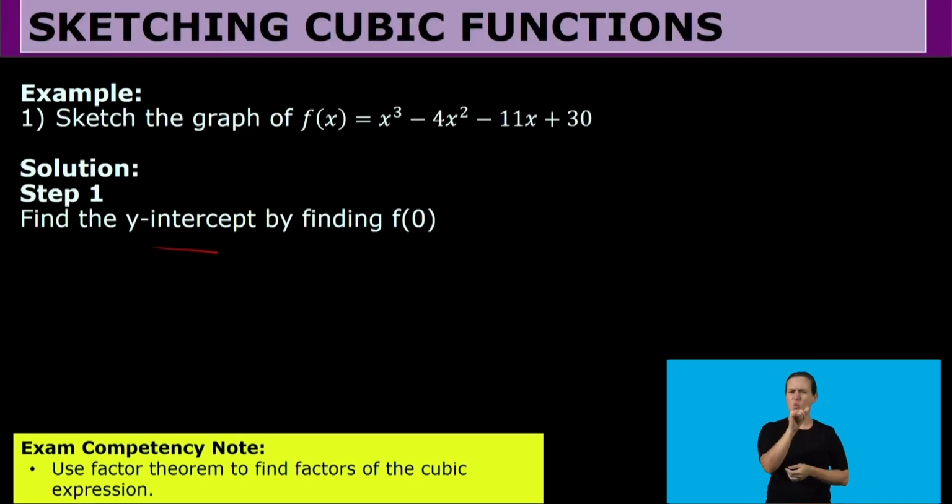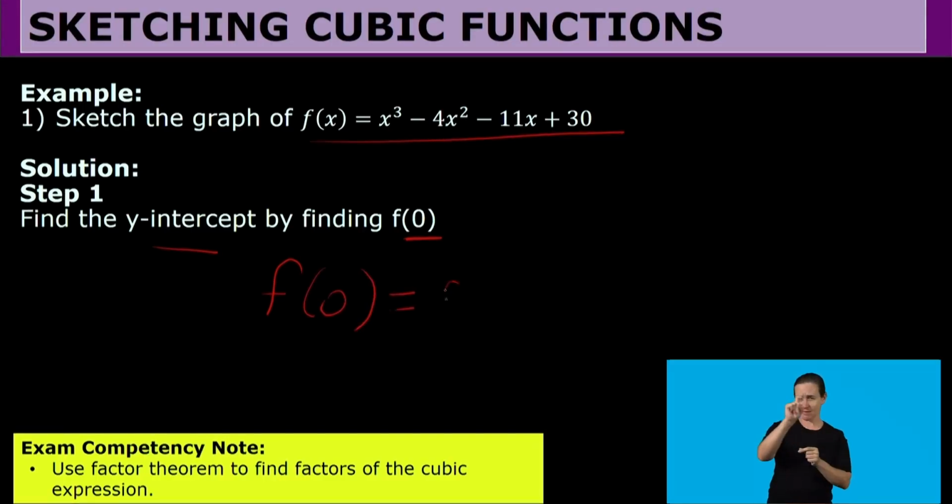How do we find the y-intercept? It's by setting the x value equal to 0. So in our expression, f of x equals x cubed minus 4x squared minus 11x plus 30, I replace all my x values with 0.